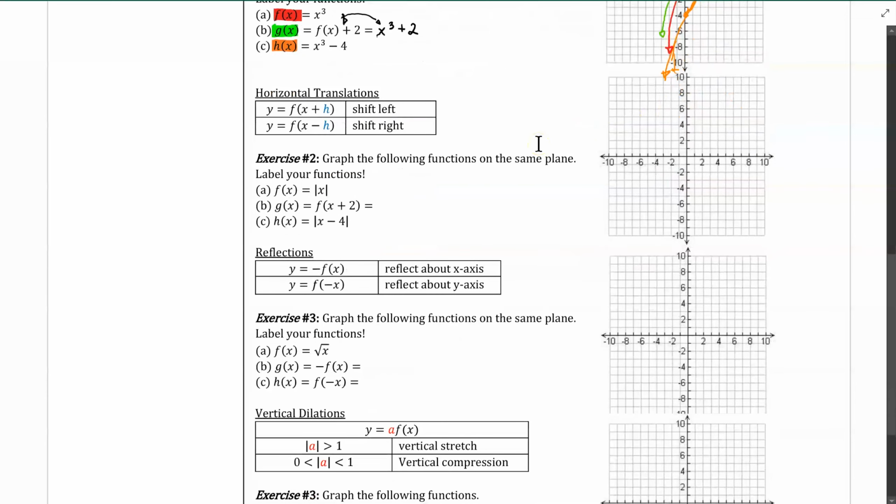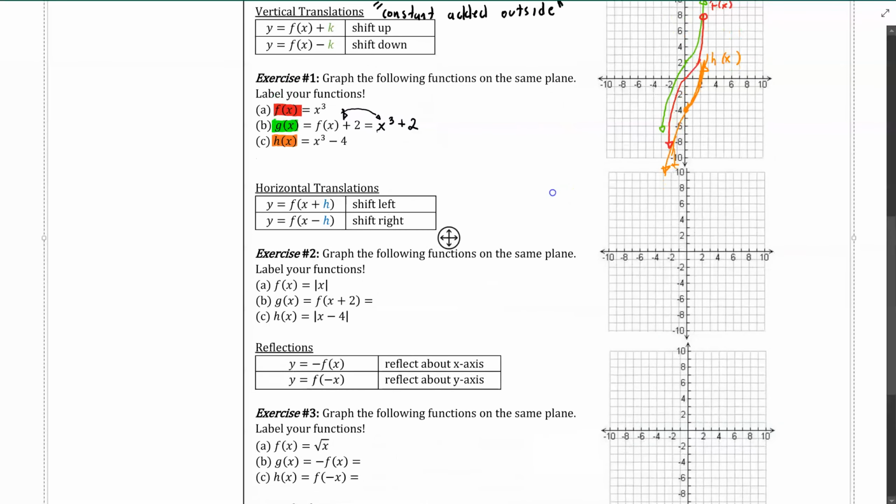Okay, next up we have horizontal translations. So in this case, we have a constant that is inside the parentheses, right? Notice the difference. In vertical, the constant is outside of the parentheses. For horizontal, it's being added inside.